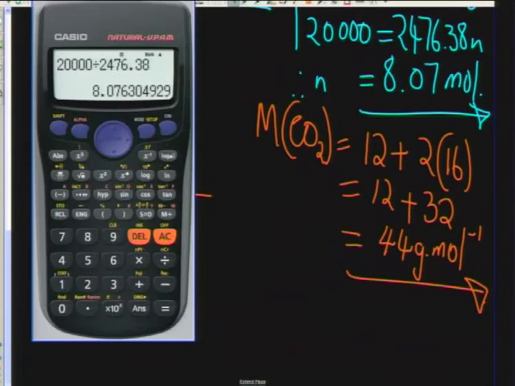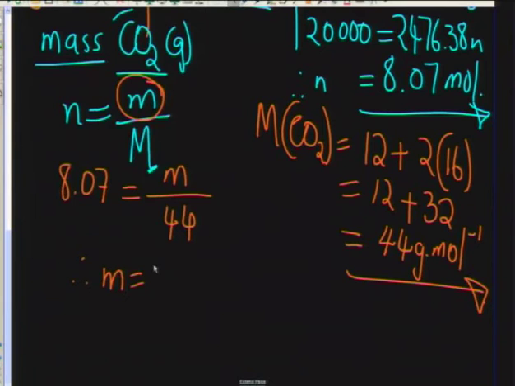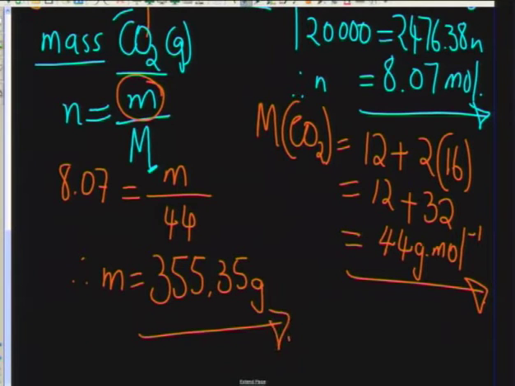It's going to be a huge mass, but this is about us learning how to do it for now. And therefore, it's 355.35 grams. Okay, so that is the mass, 355.35 grams of the carbon dioxide gas there.